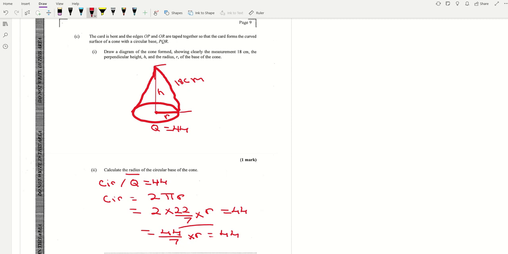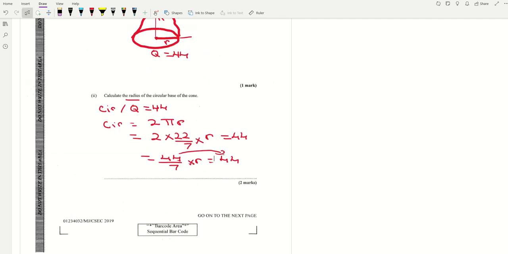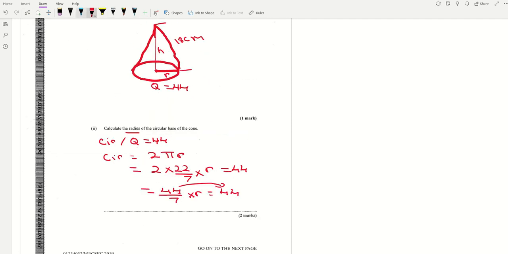You're going to carry across this multiplication because you want to make r the subject. So r would be equal to 44 over 1 divided by 44 over 7. Why divide? Because if we carry across a multiplication over the equal sign, it turns to divide.